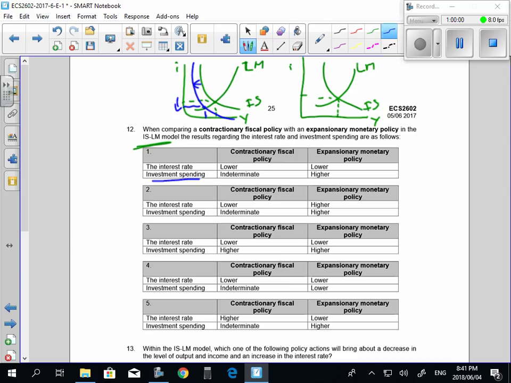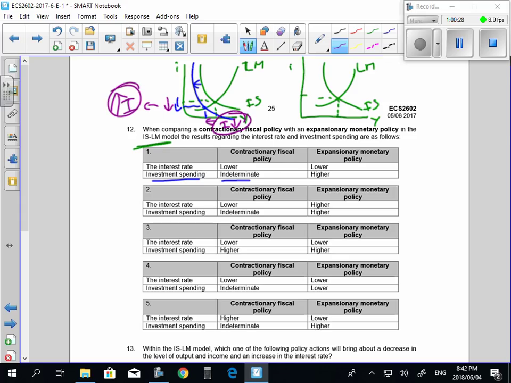Now, investment spending is indeterminate when we talk about our fiscal policy in the ISLM, because remember, investment is the link between the financial and goods market models. When interest rate decreases, investment spending increases. But when income decreases, investment spending decreases.